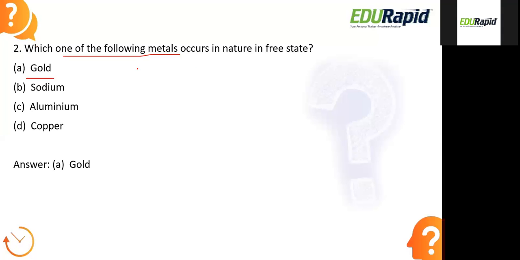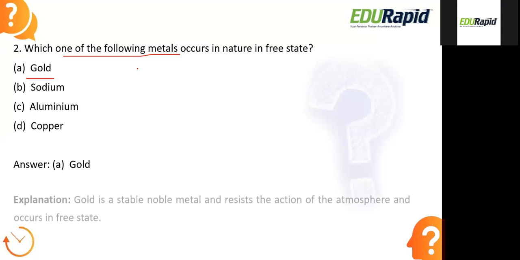Gold is available in the native form itself because it is one of the stable noble metals. It already has an octet structure and it is very stable. It doesn't react with any atmospheric gases or other metals. It will always be available in its purest form.